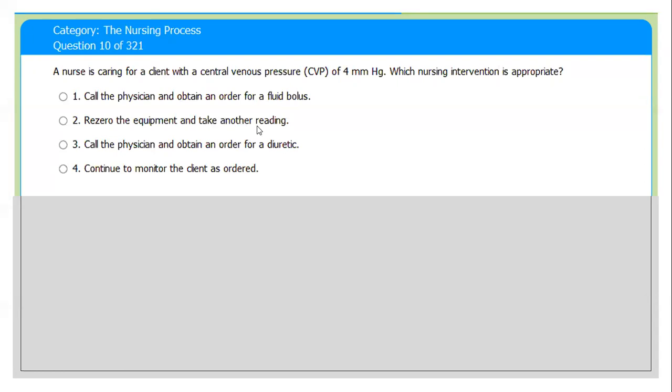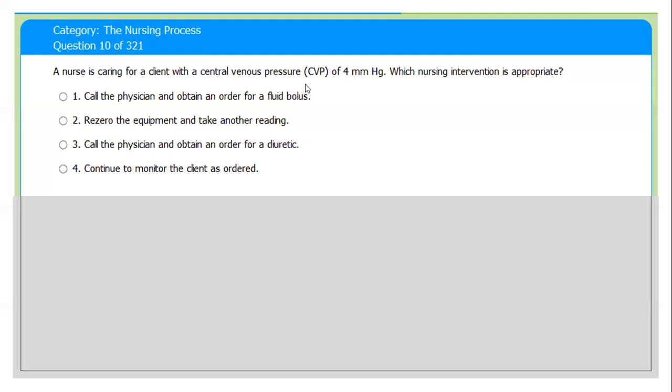Number three, call the physician and obtain the order for diuretics. And number four, continue to monitor the client as ordered.